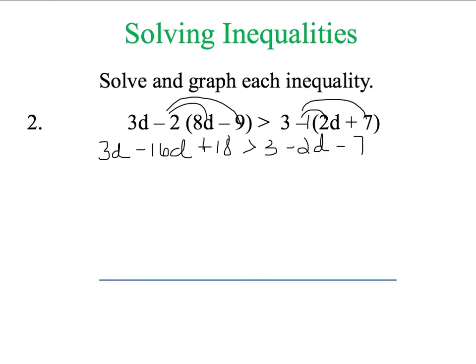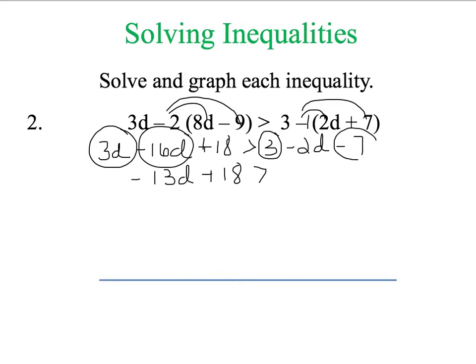Now I'm going to combine like terms. I have 3d and negative 16d, which is negative 13d plus 18, is greater than, combining 3 and negative 7, negative 4 minus 2d. I'm going to put this in a different color so you can see this is my greater than sign.